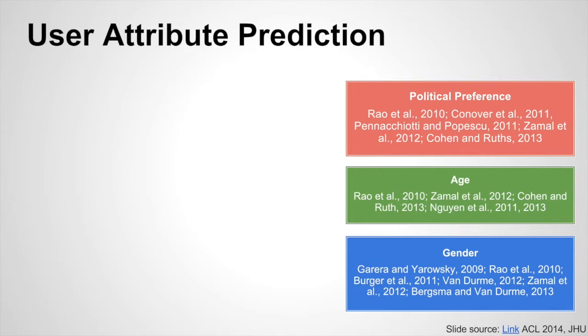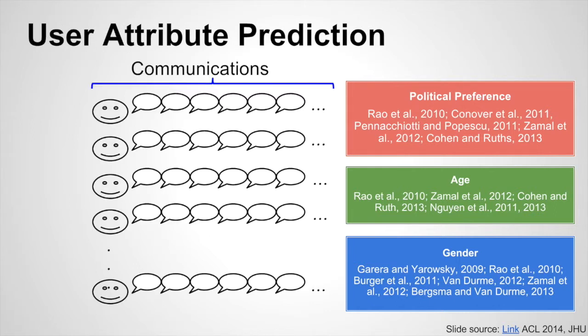Most of the previous work was heavily based on communication patterns, tweeting behaviors, neighborhood features. So, for example, the work we did in this research was highly inspired by Zamal's work on homophily.